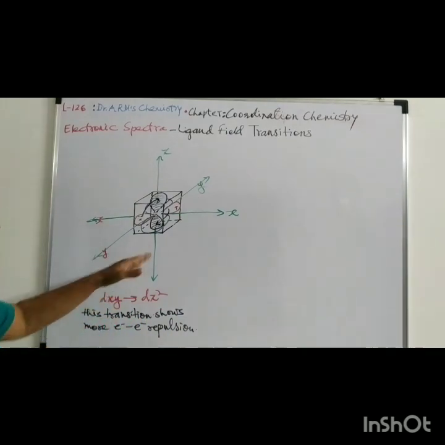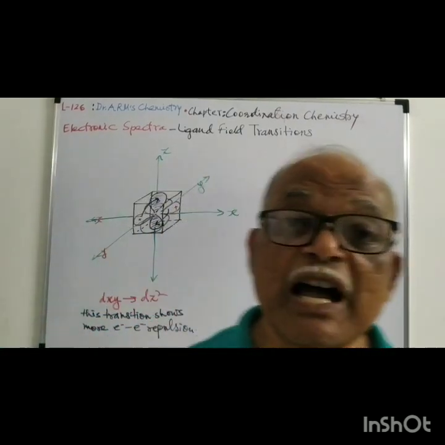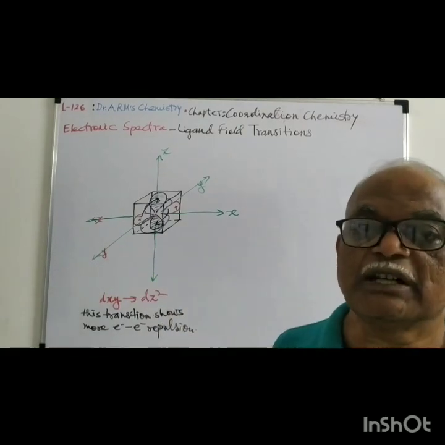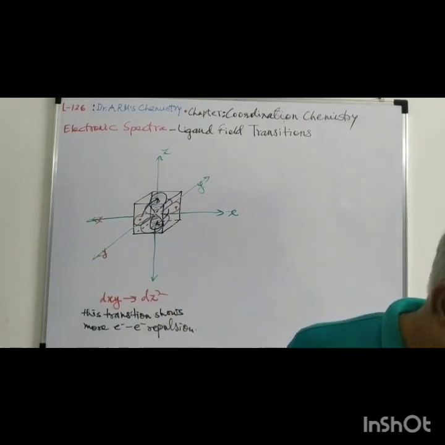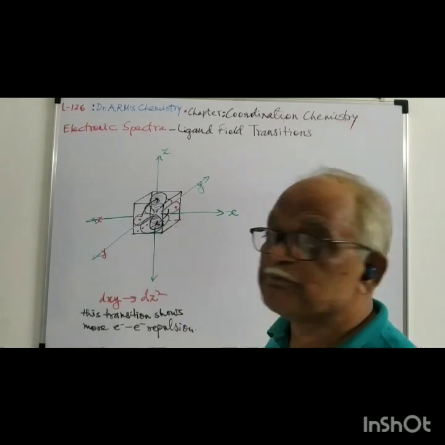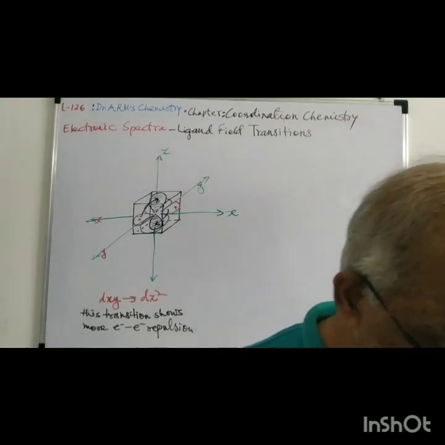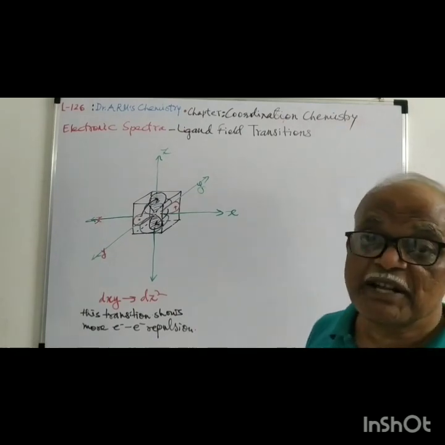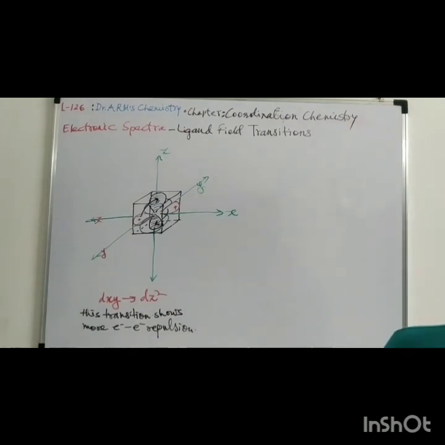That is, it appears at about 25 approximate value. We have seen that the first transition is appearing at 28,500 per centimeter, and the second transition is appearing at 21,500 per centimeter.